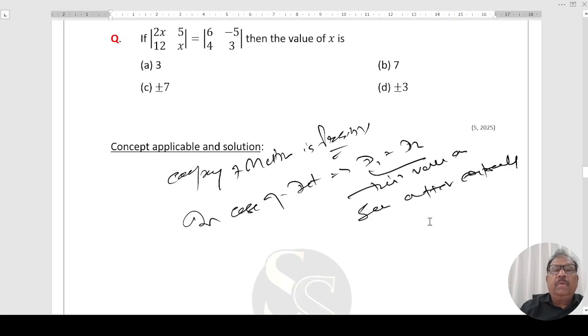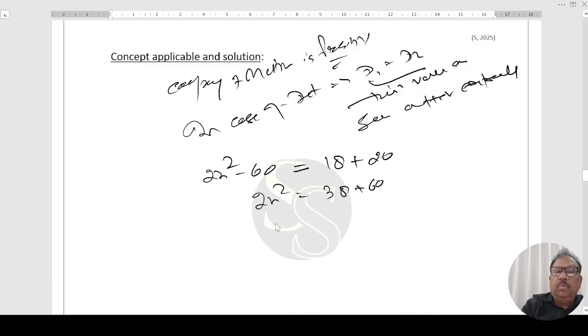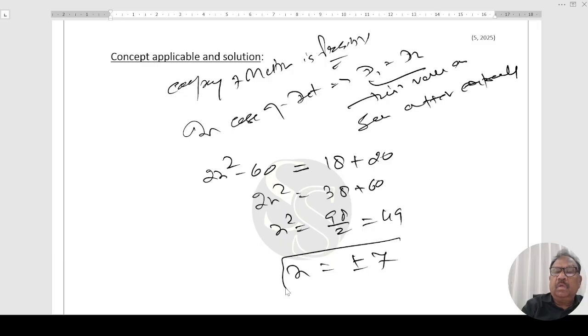So 2x square minus 60 equals 18 plus 20. 2x square equals 38 plus 60. This comes out to x square equals 98 by 2, that is 49. x comes out to plus minus 7.